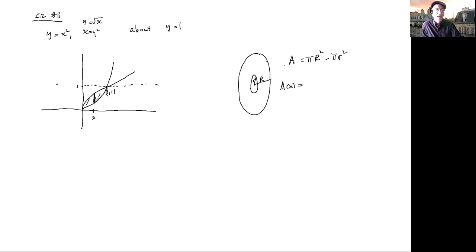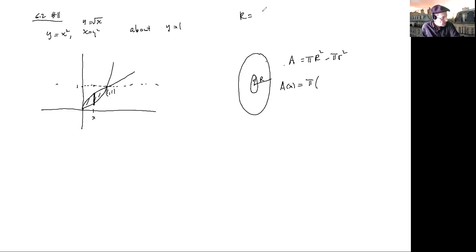So the big radius is the distance from the point on the parabola y equals x squared to y equals 1. So that distance you can see what it is. Let me write down what R is.